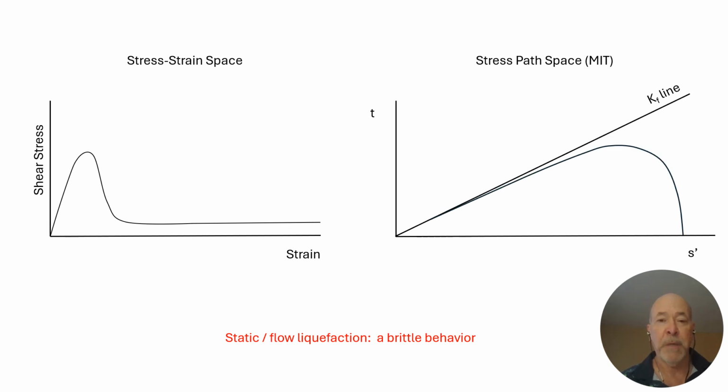So it also hits a peak, drops down to a low minimum. So here's one of the dangers. A lot of people would say, well, let's use that large strain strength because that's the lowest it's going to be. But if you look on the right-hand side, the lowest strength actually corresponds to the friction angle. And so that would be unsafe to do.